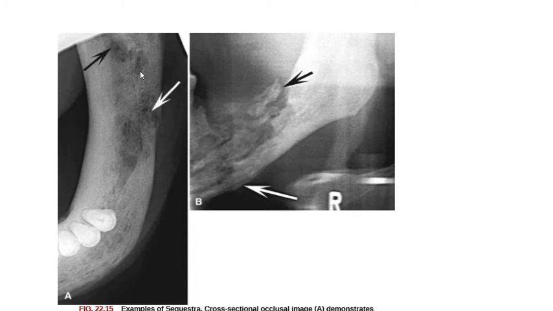On this diagram, we also see the radiolucent and intermittent radiopaque areas during the osteomyelitis process of the lower jaw bones.